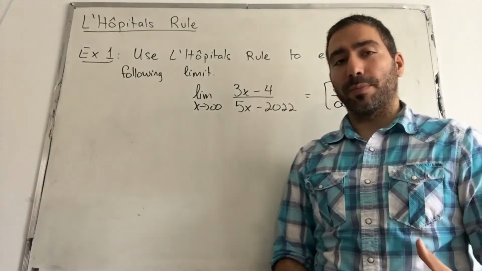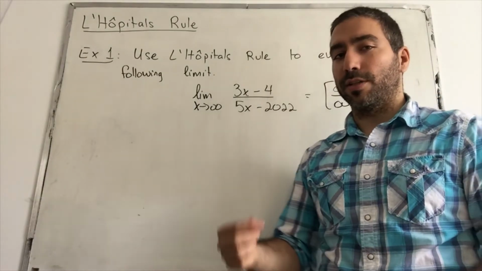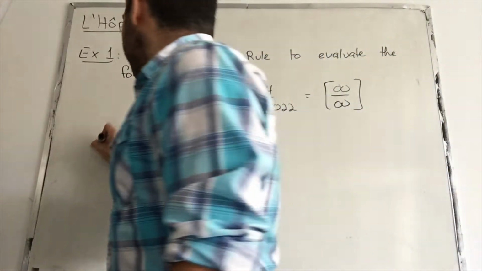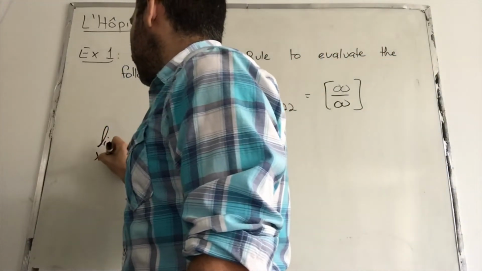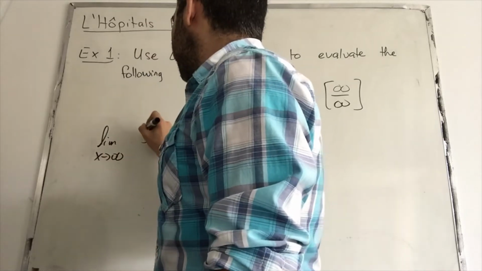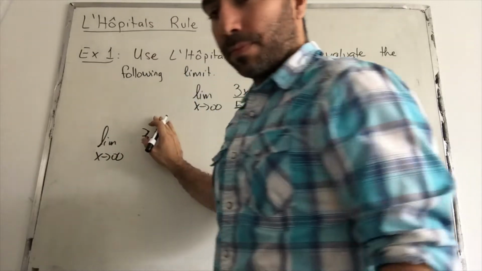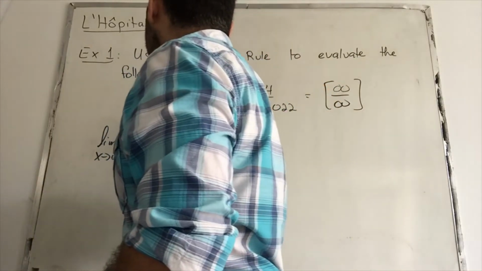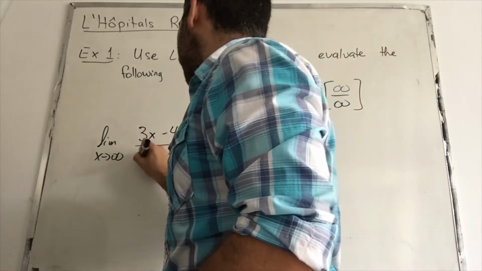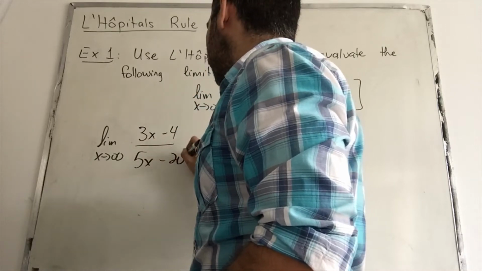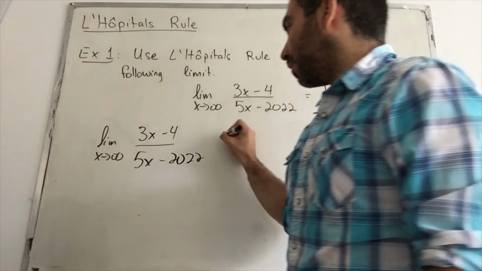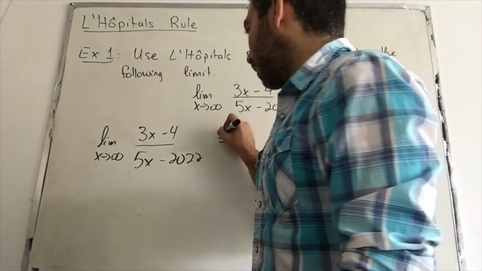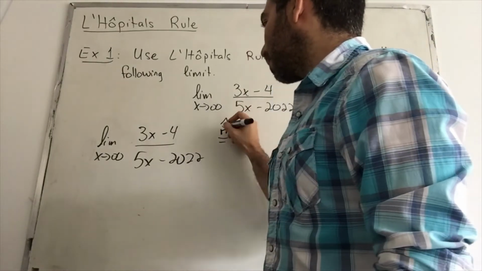So whenever you're applying L'Hopital's rule, it's important to write the notation. You have to state that you're using L'Hopital's rule. So the way we do this is, there's different notations that you could use. So we have 3x minus 4 over 5x minus 2022, and the notation that I use is I put an equal sign, we put an h with a hat on top.